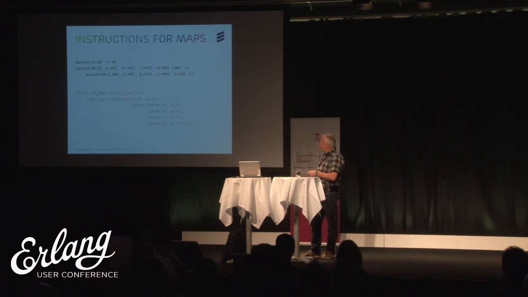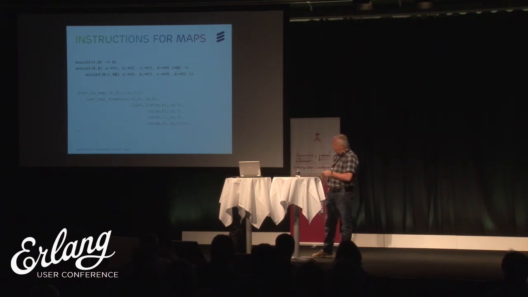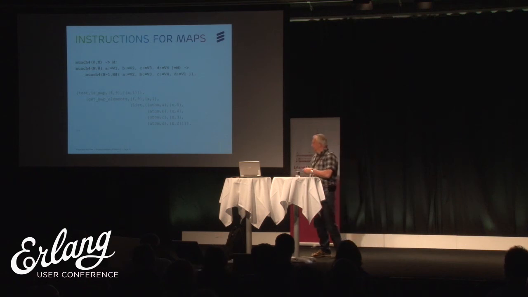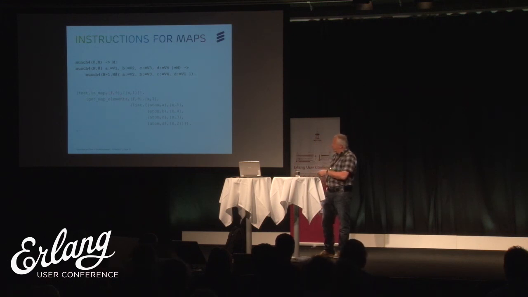There is an instruction, get map elements, which takes this list of keys and makes an efficient match of all of them at the same time. Previously we had separate instructions for each key, and this is an optimization which we did just before the release of 17.